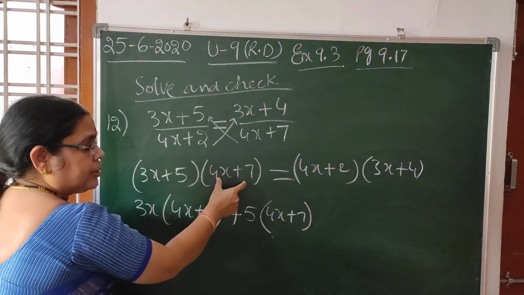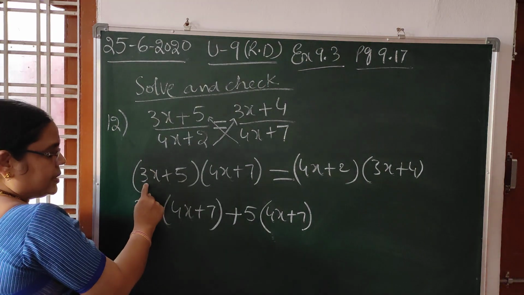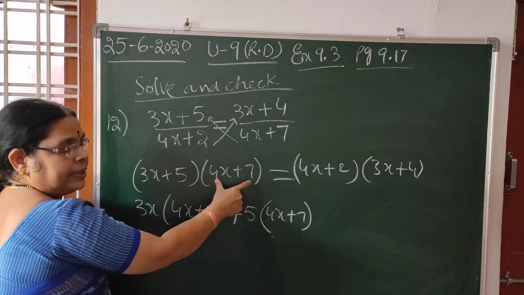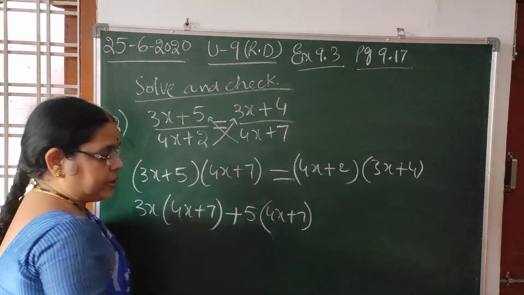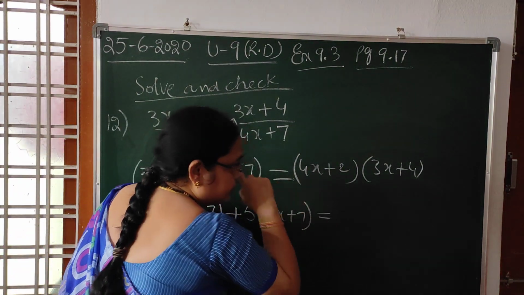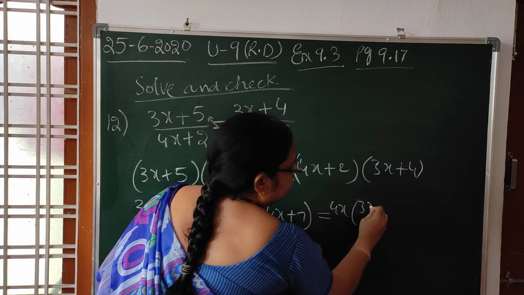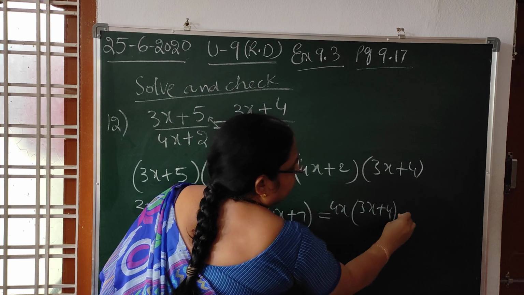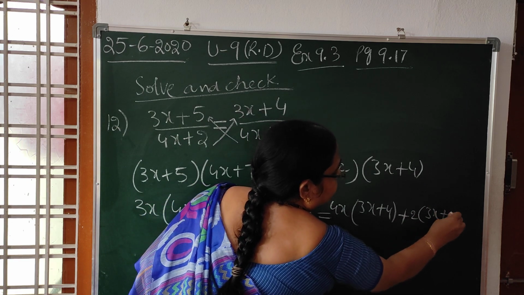Now here two terms multiplied by two terms, binomial into binomial. First number multiplied by this expression, then second number multiplied by this expression, is equal to, same way, 4x into 3x plus 4 plus 2 into 3x plus 4.